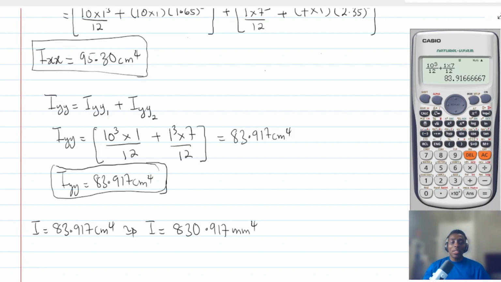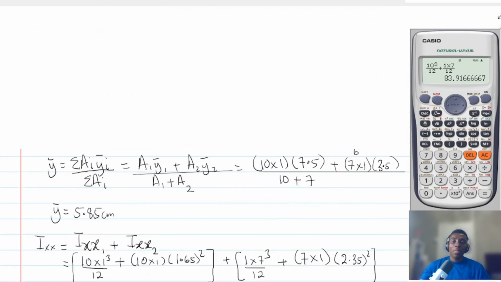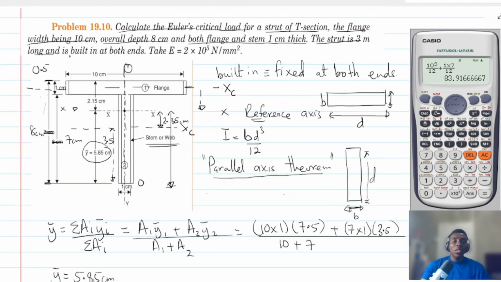Now, at this juncture, this is what we have to do. Because the question said the strut is built in, so let's go back. He said built in at both ends, meaning that it is fixed at both ends, right?